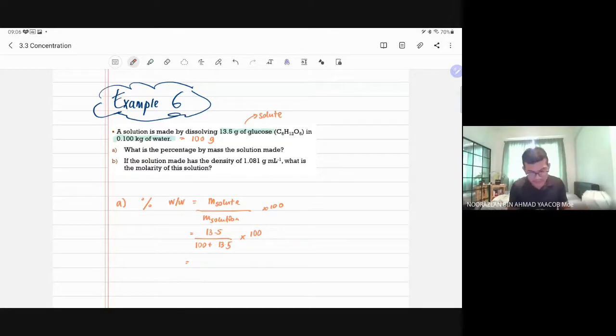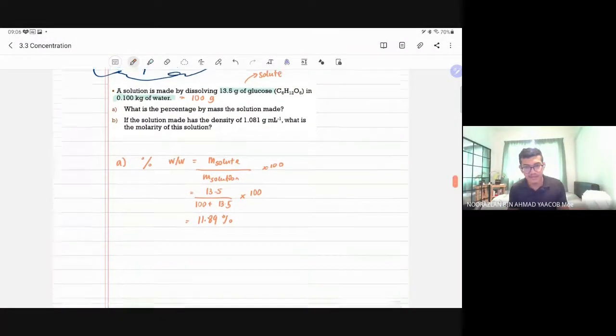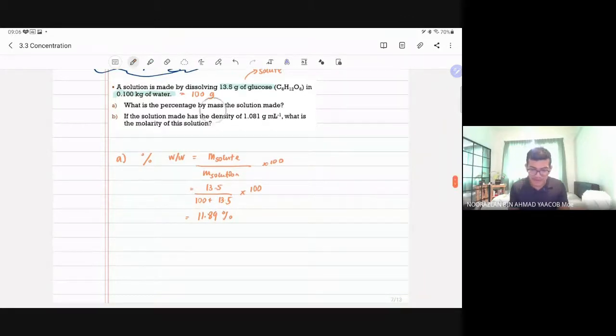We should get 13.5 divided by 100 plus 13.5, multiplied by 100. We should get the final answer as 11.89%. Okay, ni pun 4 significant figures juga. Okay, itu yang pertama, very simple.